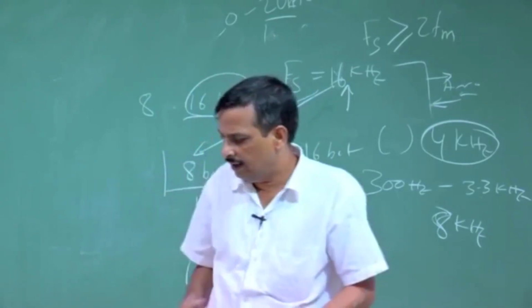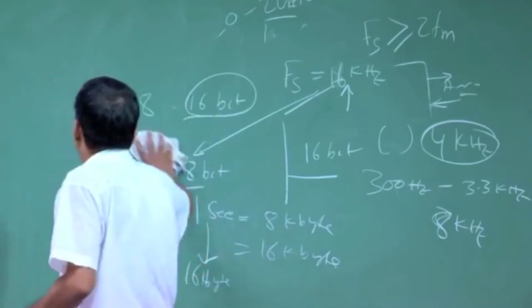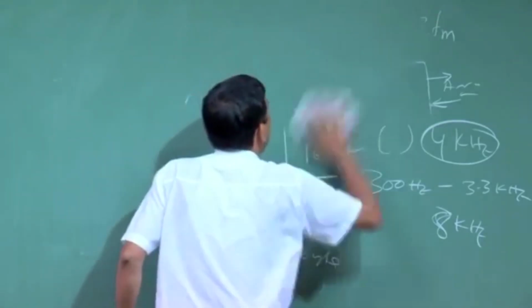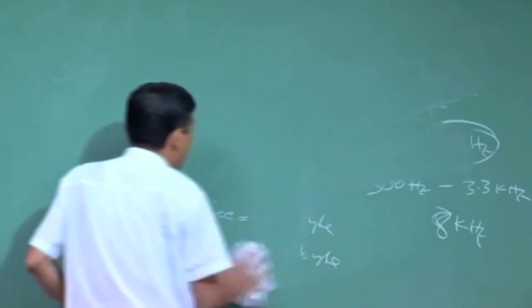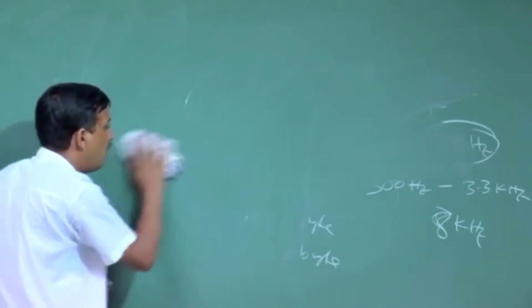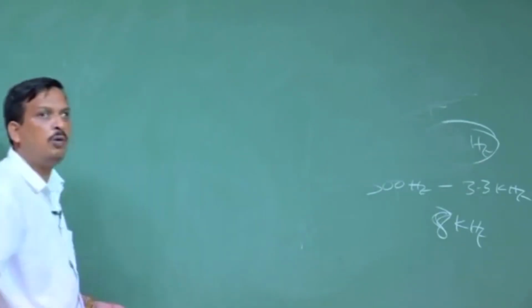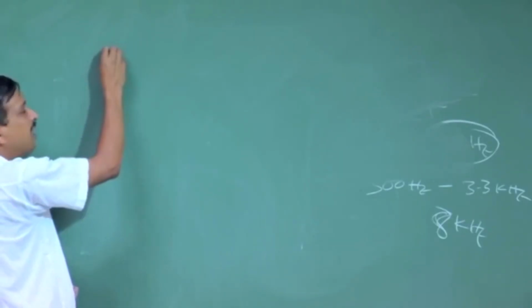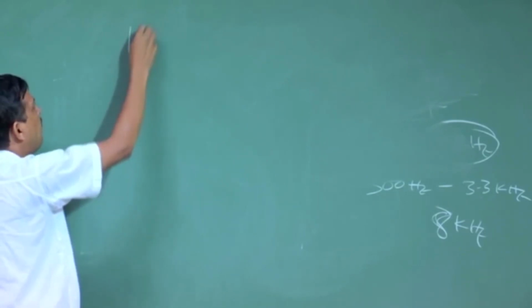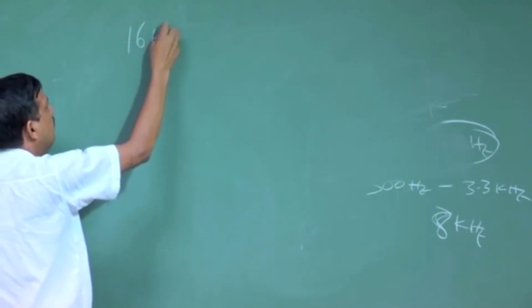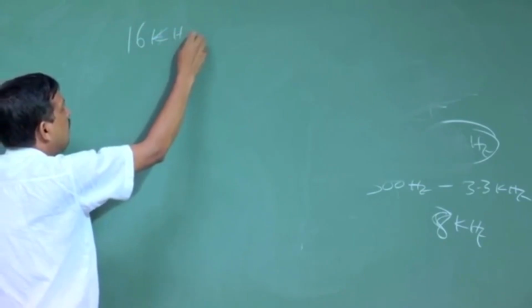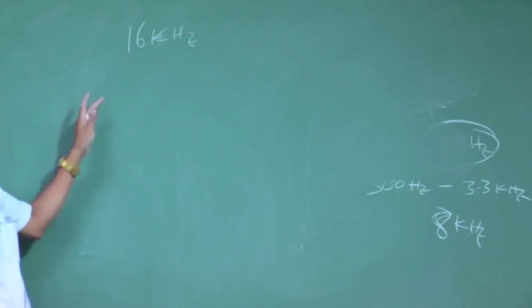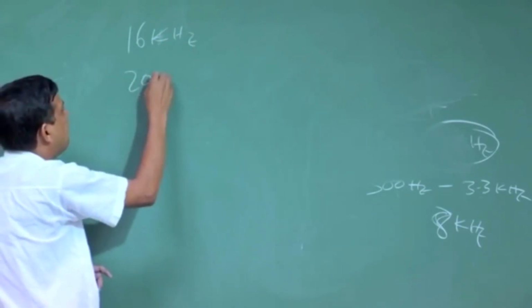Okay. Similarly, there is another conversion I should teach here. Conversion between number of samples and time is very important. Suppose I have a speech signal with sampling frequency 16 kilohertz. How many samples will there be within a 20 millisecond signal?